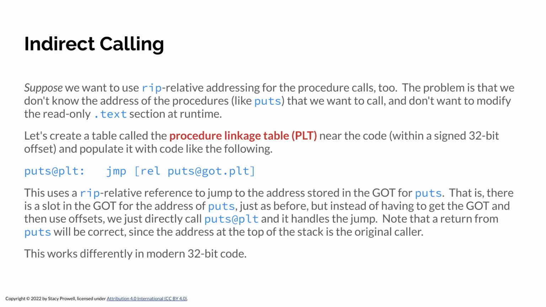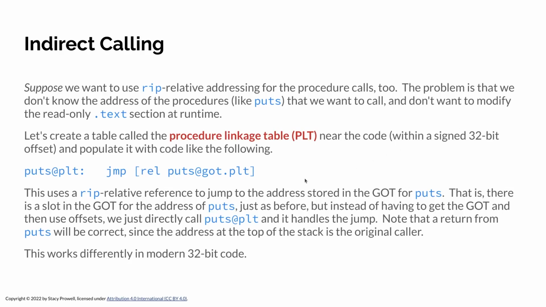We create a table called the procedure linkage table, and it's close to the code. It's within a signed 32-bit offset of the code. So I can reach the procedure linkage table using RIP relative addressing. And I populate that with code like you see right there.